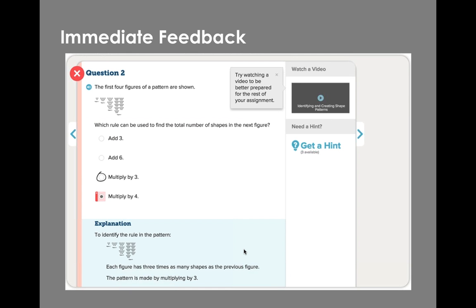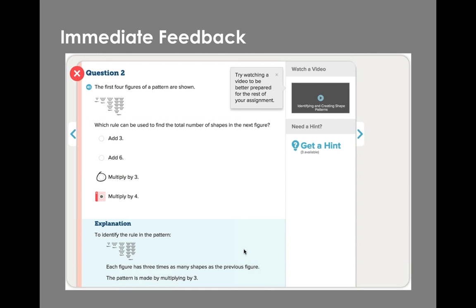But what we find is that a lot of times students want to get through the work more quickly, and so they don't take a step back and slow down and really take the time to watch those videos. And even a good strategy is for them to take notes on the videos as they're watching them in their math journals or math notebooks that you would have them take notes in generally during the day.